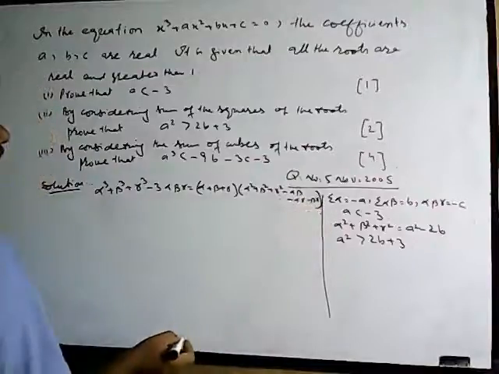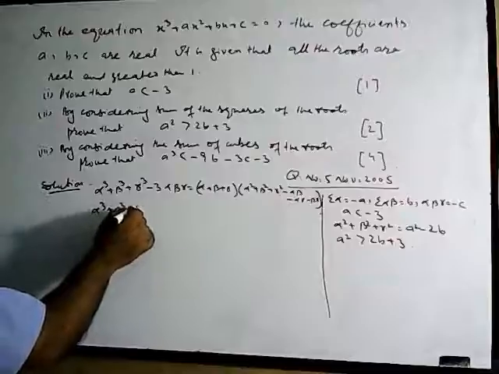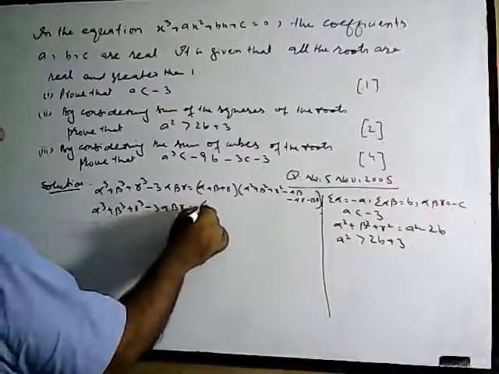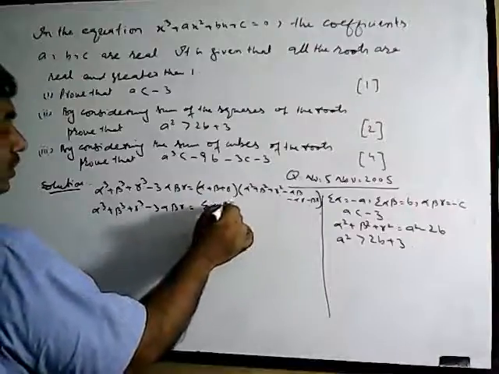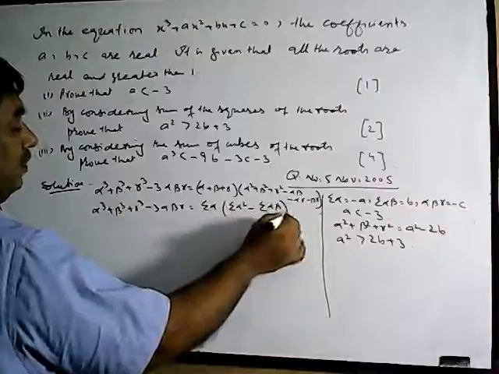This is a very famous relationship. I can write alpha cube plus beta cube plus gamma cube minus 3 alpha beta gamma as sigma alpha into sigma alpha square minus sigma alpha beta.